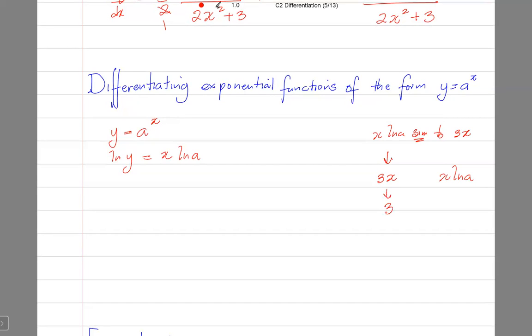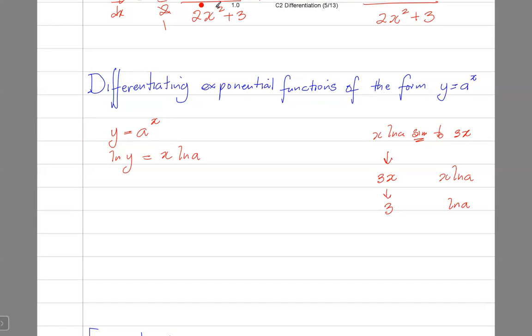If I differentiate x ln a, what am I going to end up with? ln a. Oh yeah, that makes sense. You're going to end up with ln a. If you differentiate a number multiplied by x, you're going to end up with the number.